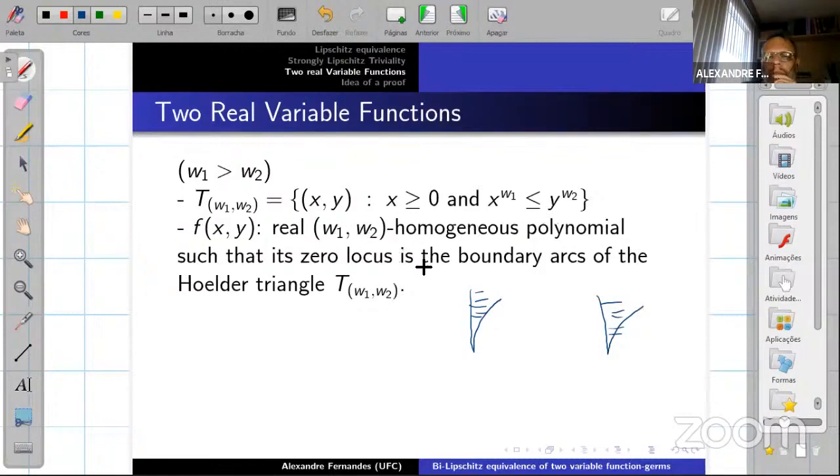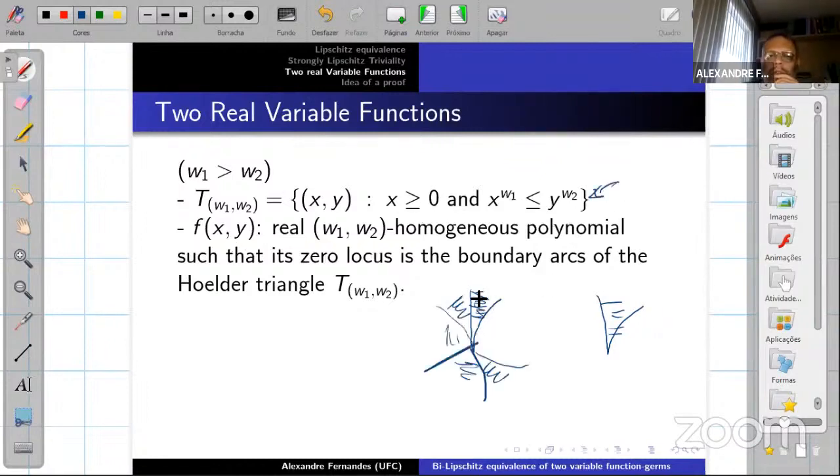Our motivation was, if you have a weighted homogeneous function like that, then we start the investigation.